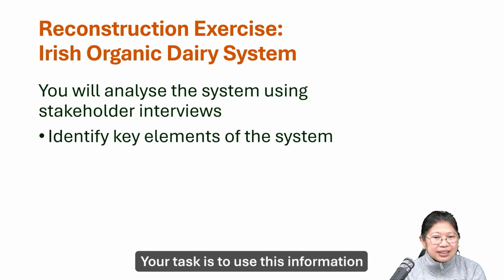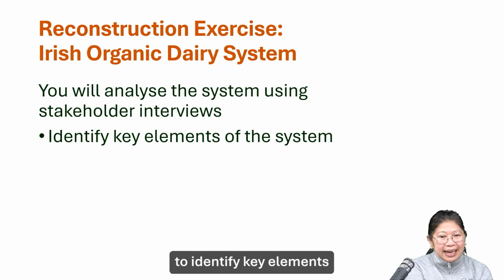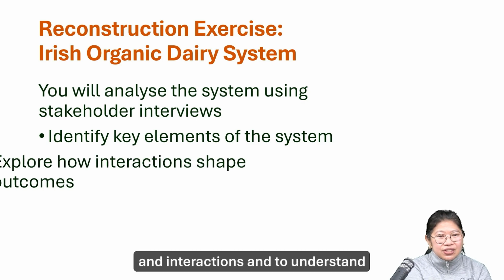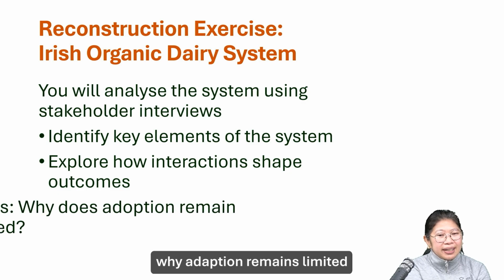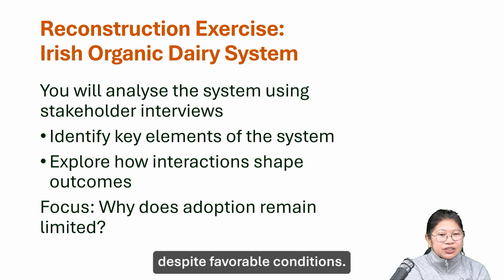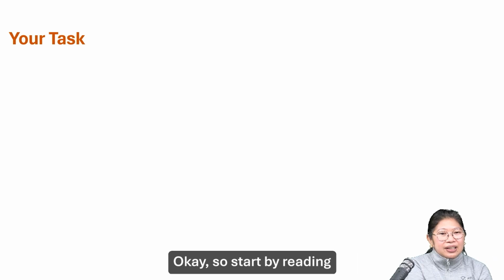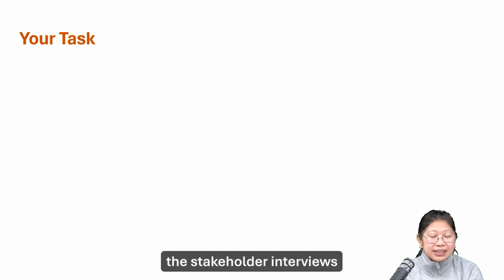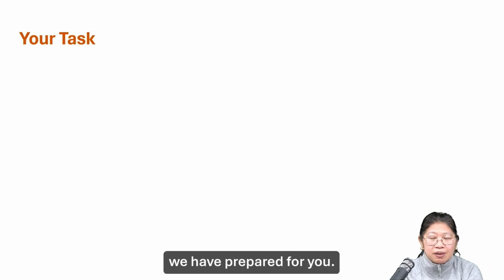Your task is to use this information to identify key elements and interactions, and to understand why adoption remains limited despite favorable conditions. Okay, so start by reading the stakeholder interviews we have prepared for you.